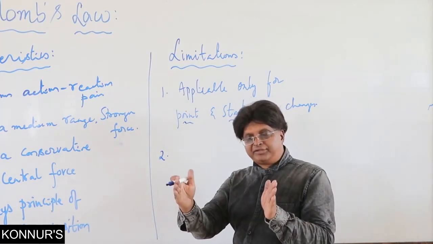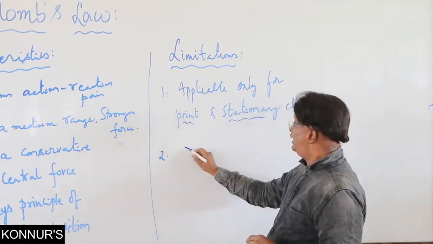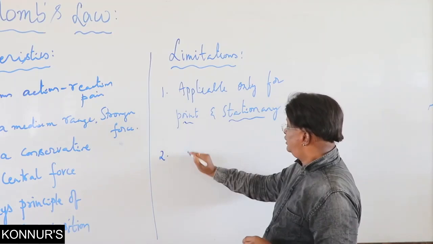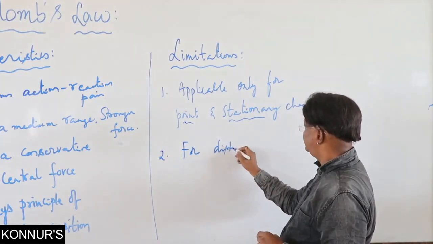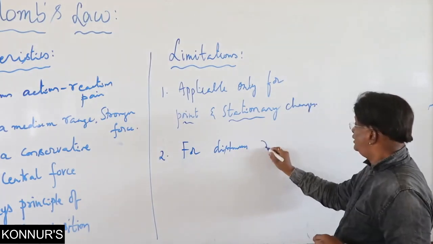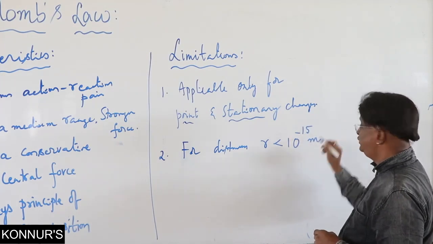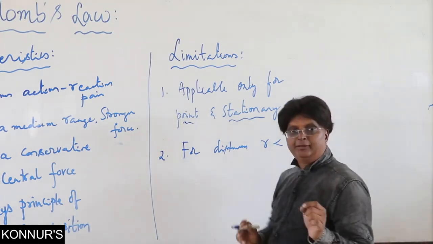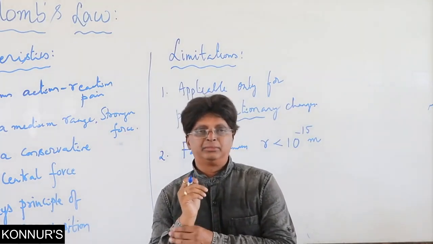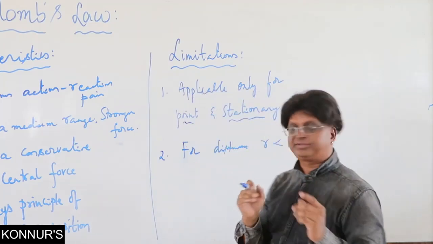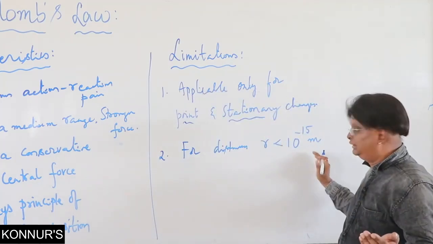Now, if the distance between the charges is decreased such that R is less than 10 raised to minus 15 meter, look at this number. They have come very close to each other. Can you estimate that closeness? 10 raised to minus 15 meter.